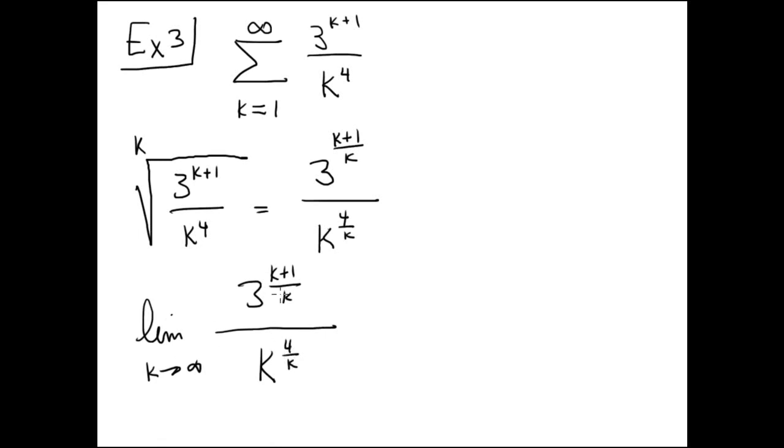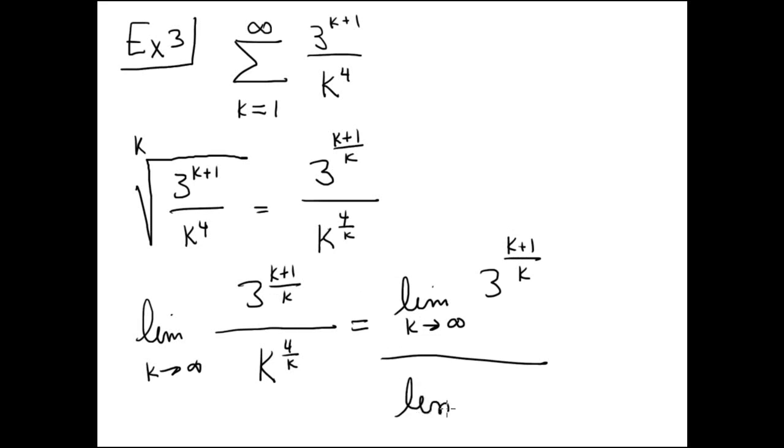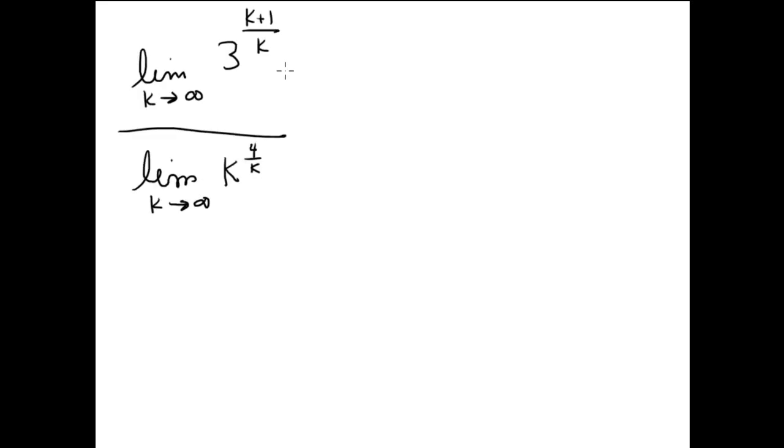This is a little bit complicated. Let's do it one by one separately. So you copy it like that: the limit as k approaches infinity of (3k plus 1) over k, divided by the limit as k approaches infinity of k raised to the 4 over k. Let's do it now, one by one. Let's compute this limit first.